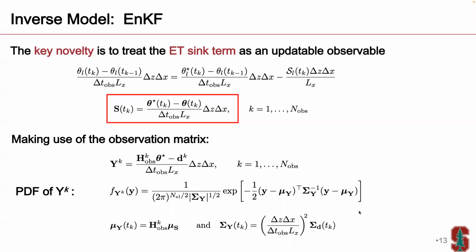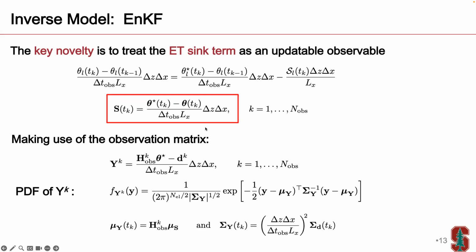And in our novel implementation, instead of treating the soil moisture as the updatable observable in a traditional ensemble Kalman filter approach, our approach treats the sink term, the evapotranspiration sink term, as an updatable observable, which is given as the difference between the soil moisture when solving the Richards equation with the sink term and without the sink term.